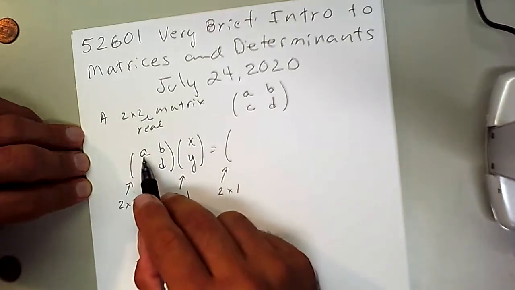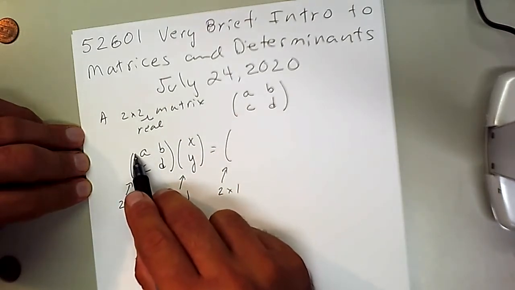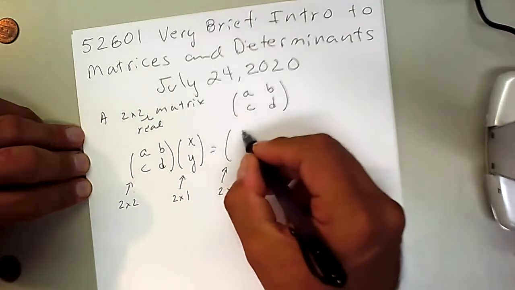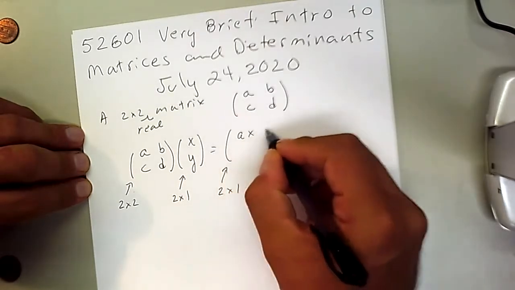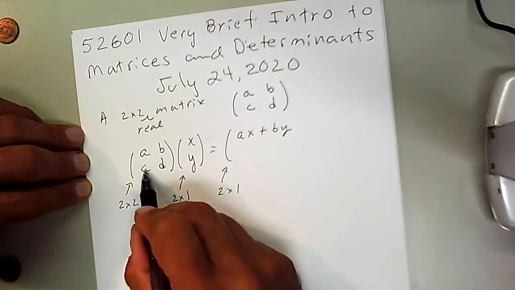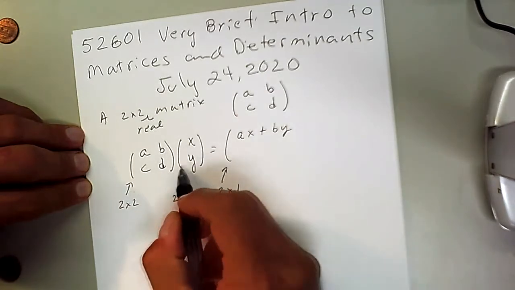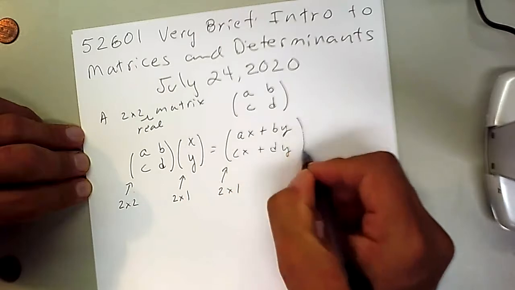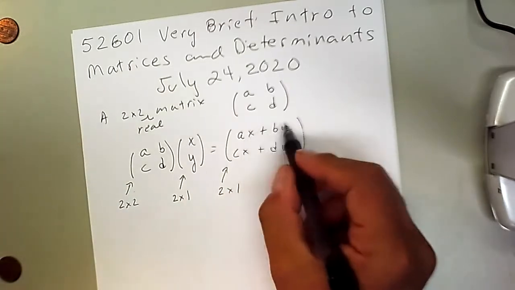The top one is the dot product between the first row and that column. So AX plus BY. And then here we have CX plus DY. This looks rather long, but it is just one entry.